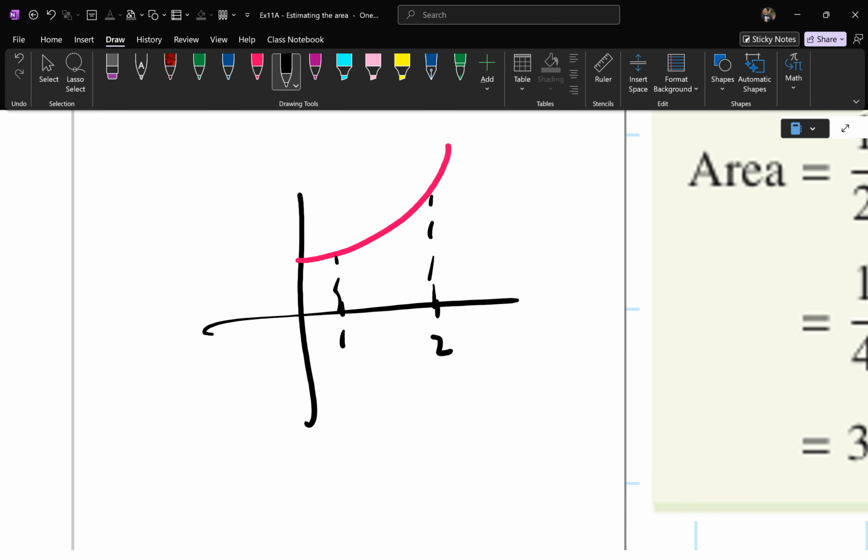If I drew only one rectangle, so let's say from here to here, so this is the right end point. I'm using that right end part of the curve. So from that point, that gives me the highest point, and I've got a rectangle. This rectangle is too much of an estimate. Okay, I'm overestimating the actual area.